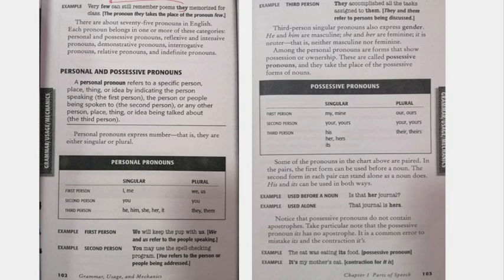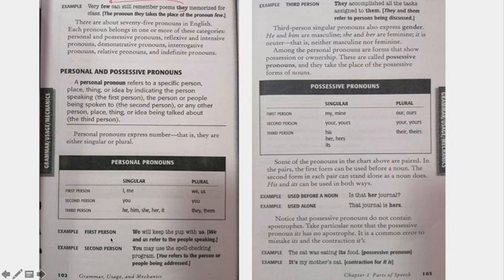Next, third person singular includes he, him, she, her, and it. But the plural forms are divided into just two. There are only two plural forms for all of these singular forms in the third person. So we have they and them. Okay. So, a sentence example here.